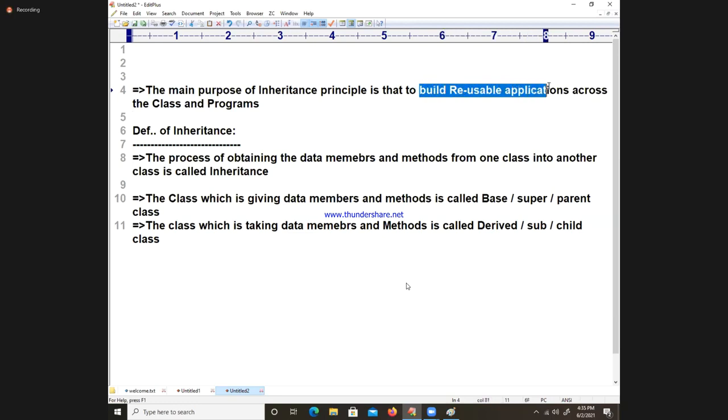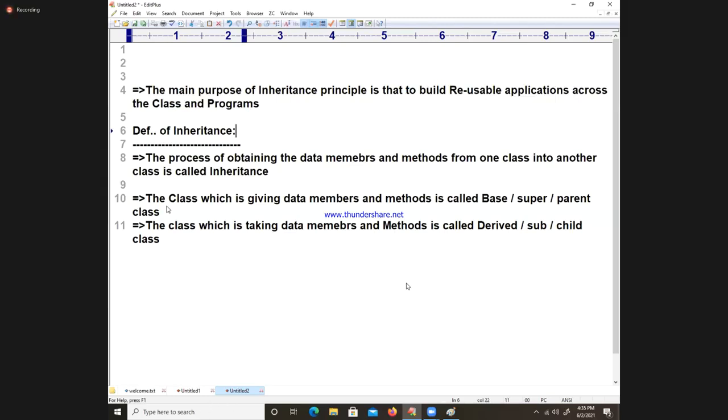Please try to use this word: building reusable applications across the classes and across the programs. This word is important. If this word comes on your paper or in your interview room, then you are a successful candidate. There is no substitute for this type of sentence. Right. Let us take one small example.